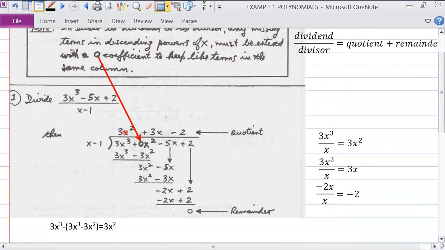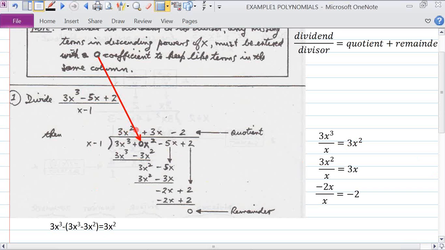Remember, what we've got to do is take this first term in the dividend, and divide it by the first term here. So that's what I've done over here. 3x cubed divided by x. 3x cubed, the first term here, divided by the first term there, gives us 3x squared, and that 3x squared goes right here.